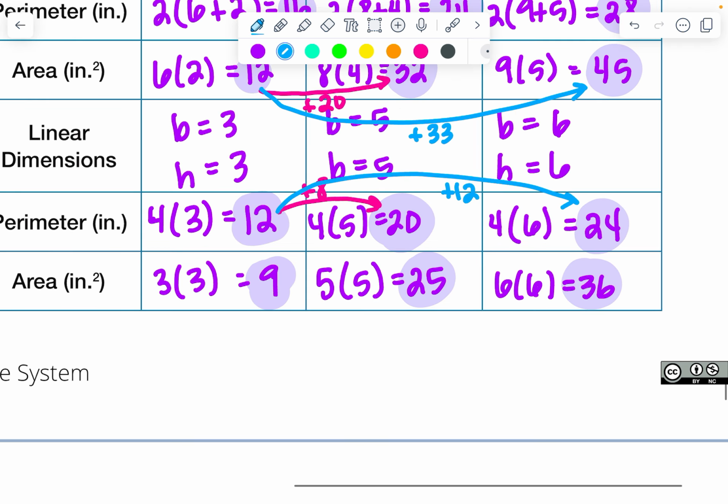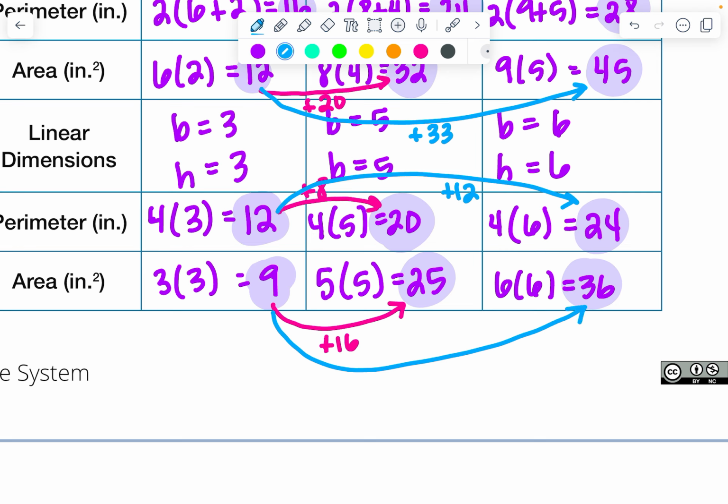Now for area, from the 9 to the 25, what's that? It's 16. So that's plus 16. And then from here to here, what's that? 27, sorry.